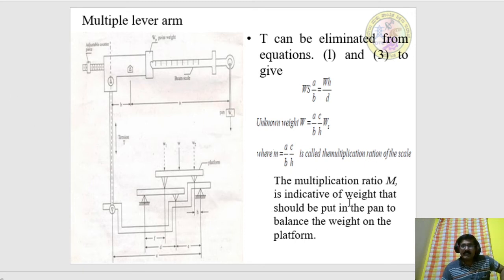It indicates the weight that should be put in the pan to balance the weight on the platform.